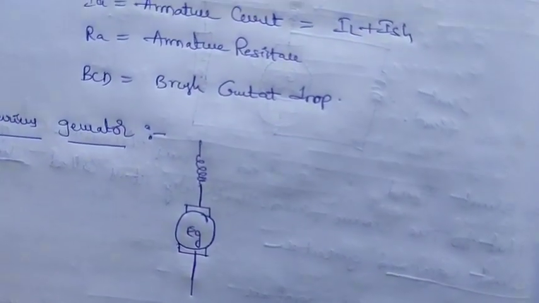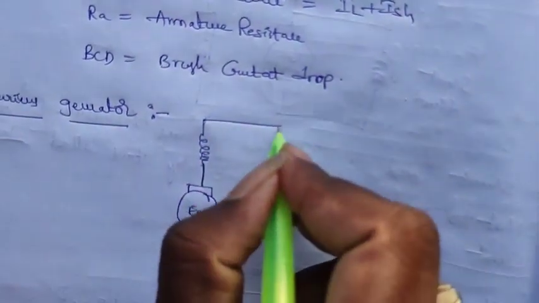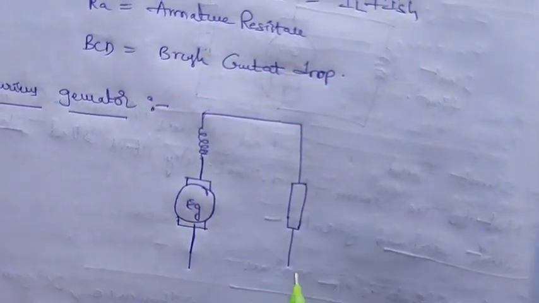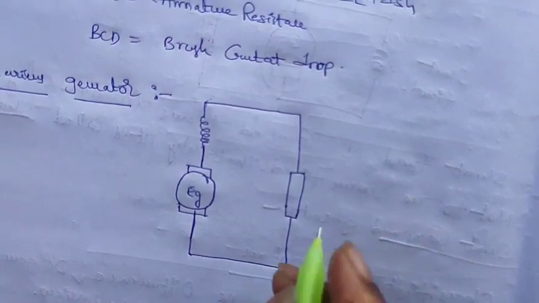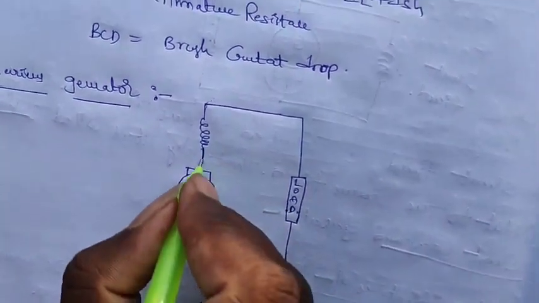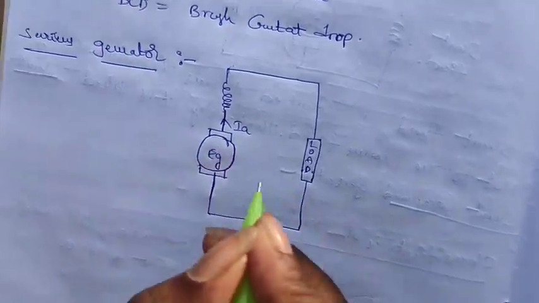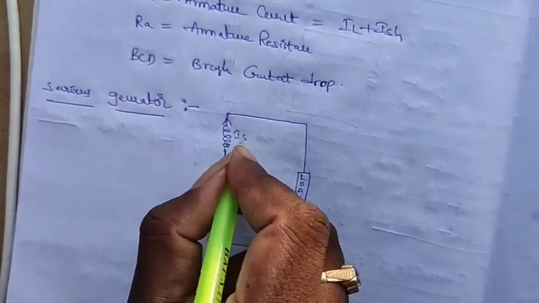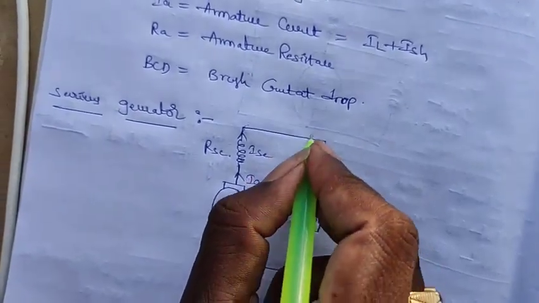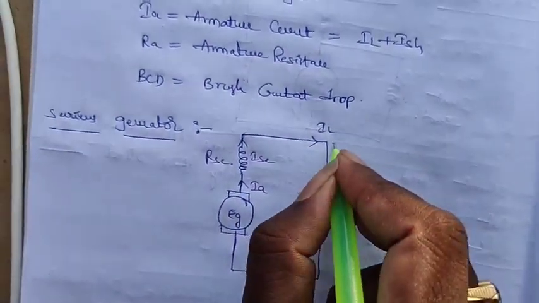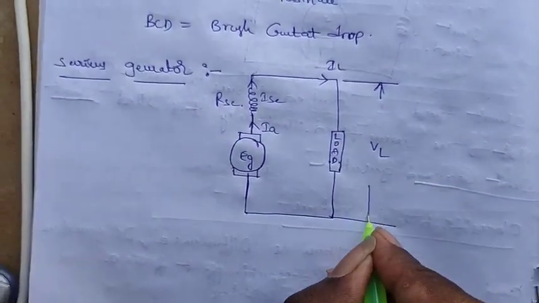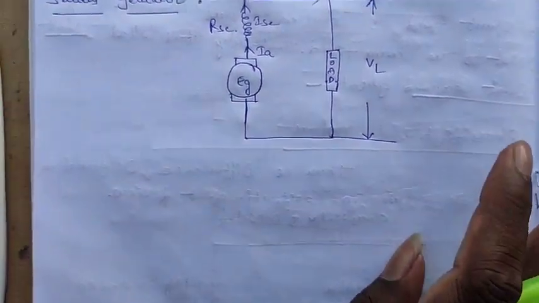This is a load because the generator is delivering electrical energy. So indicate the currents. This is the armature current, the series field current is ISC, the resistance is RSC. This is the load current, IL. The voltage across this one is VL.